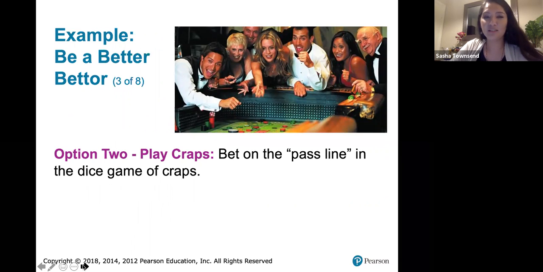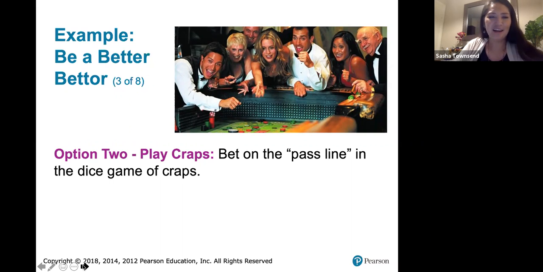Our second option is to play craps. The most common bet in craps is to bet on the pass line. Listing all the probabilities for craps is relatively complicated, or I understand it's relatively complicated. I watched a video on the Caesars Palace website trying to learn how to play craps. They mentioned a couple of ways that you could win and a few ways that you could lose, but they did not talk about a number of other ways, so it wasn't clear what the probabilities were.